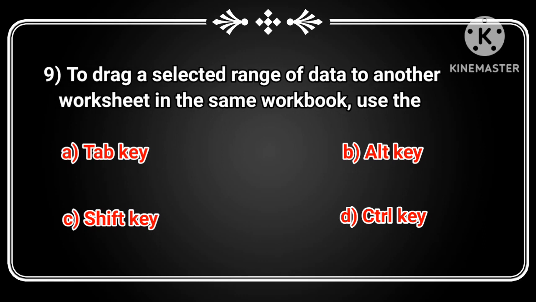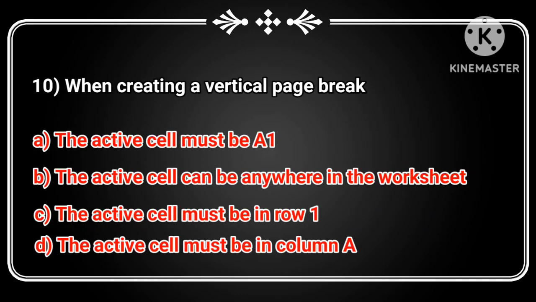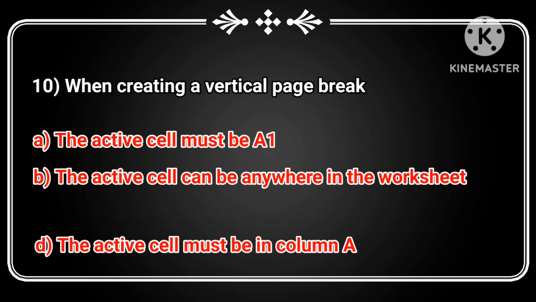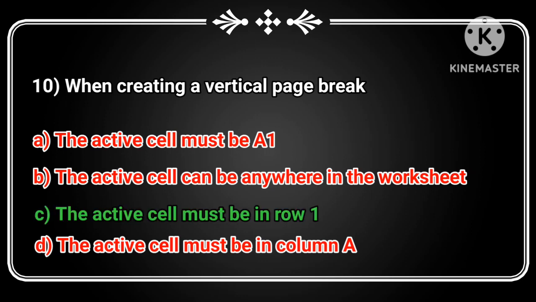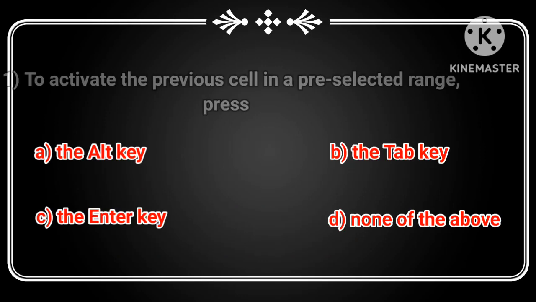To drag a selected range of data to another worksheet in the same workbook, use the CTRL key. When creating a vertical page break, the active cell must be in row 1.